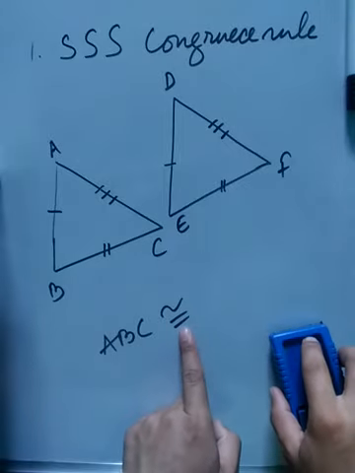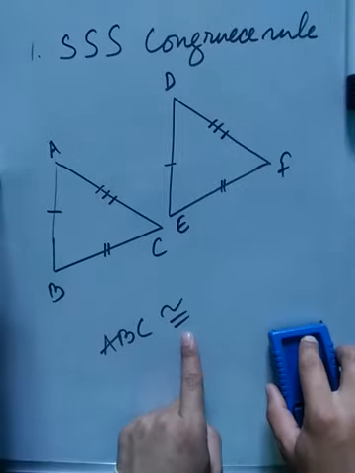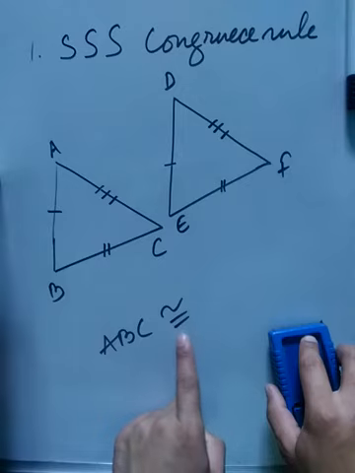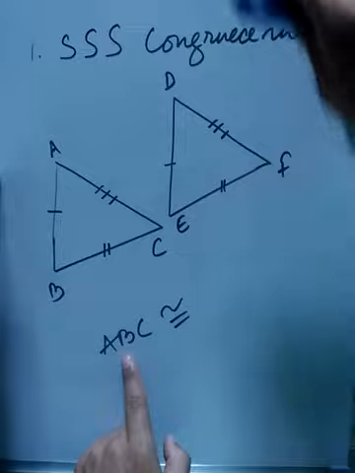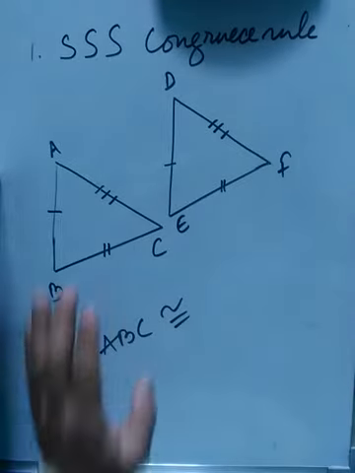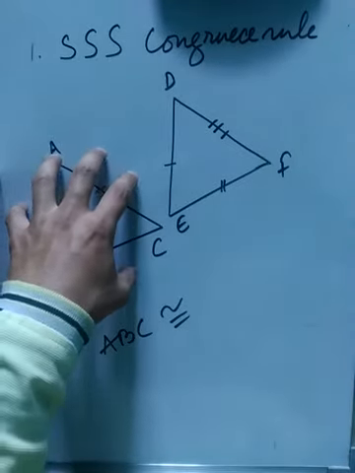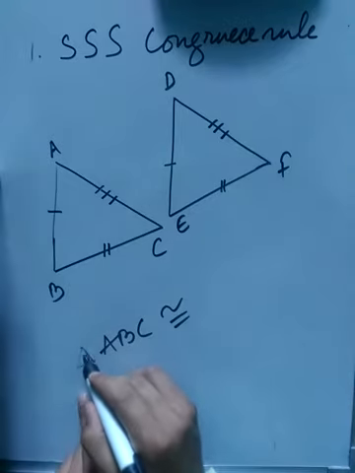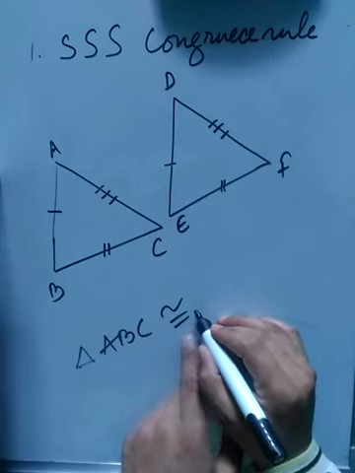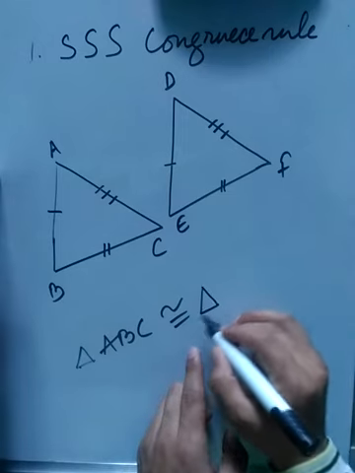This is the symbol of congruency. Let me repeat. This is the symbol of congruency. I have taken here ABC. You can take any order for the first triangle, but for the second we have to follow the order. Triangle ABC is congruent to triangle.